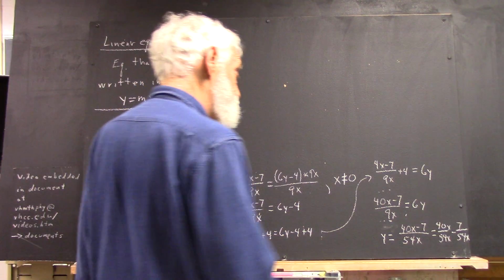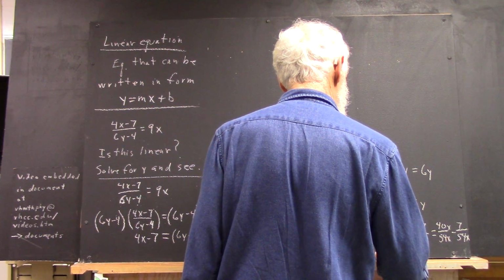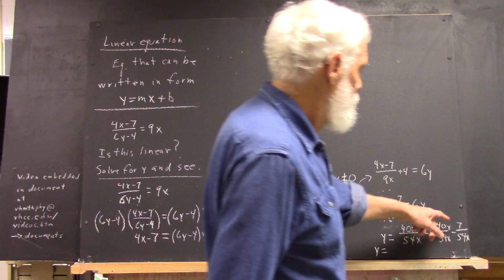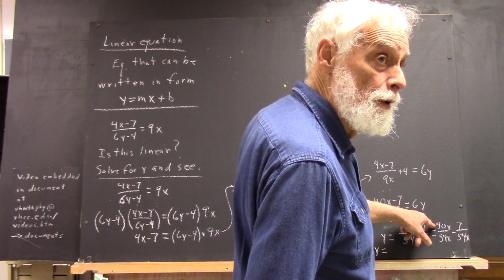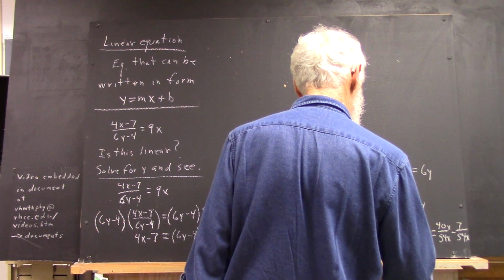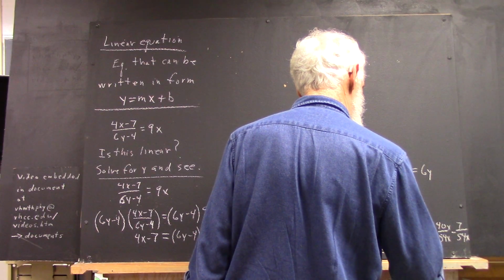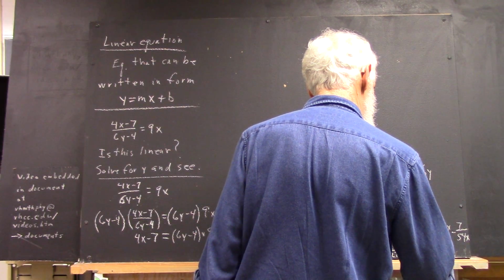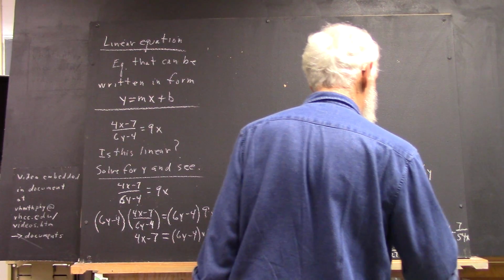So finally, okay, 40x over 54x reduces to 20 over 27, minus 7 over 54x.